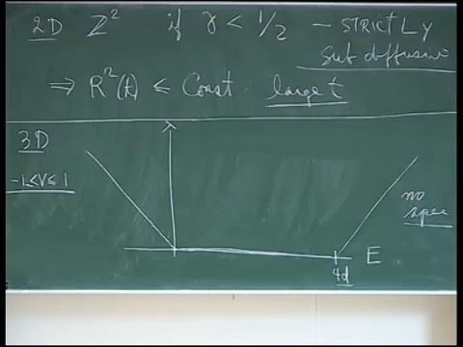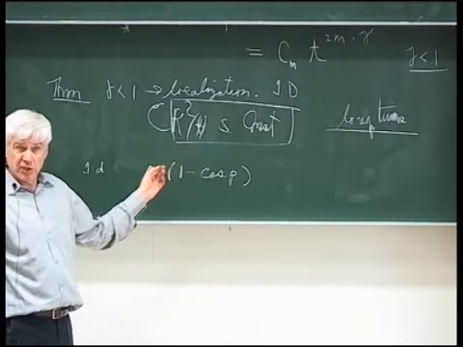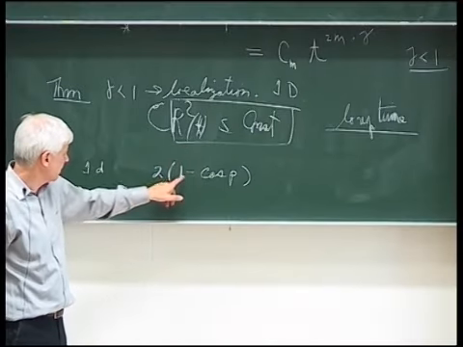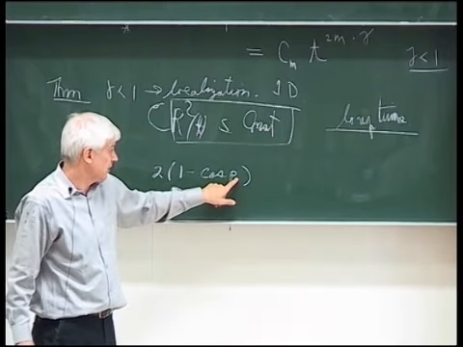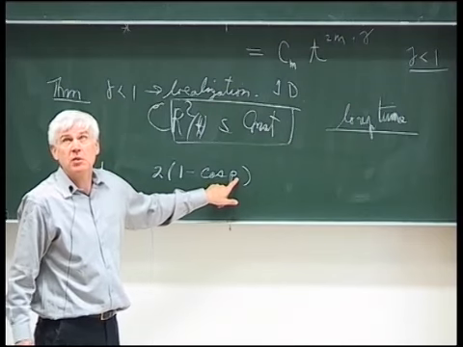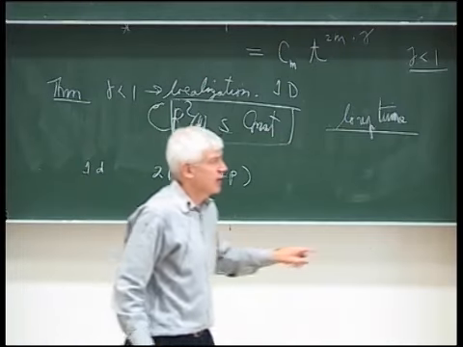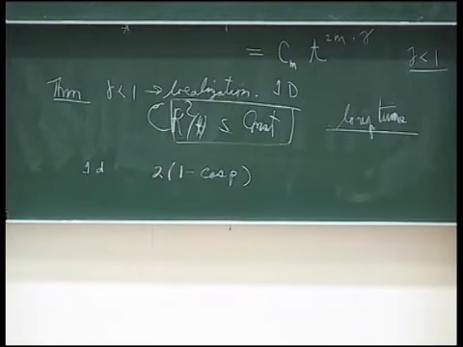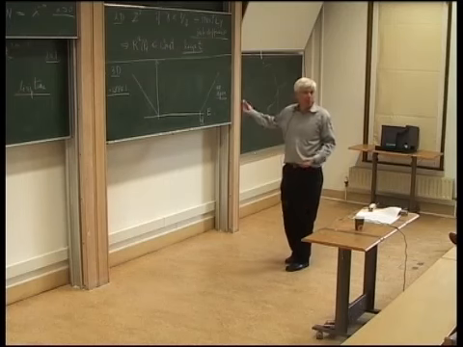Now p can go from 0 up to pi. So p equals 0 gives 0, and p equals pi gives a 2 here, so that goes up to 4. So 4 times 1. And if you have several of them, you just add them up and you get 4D.